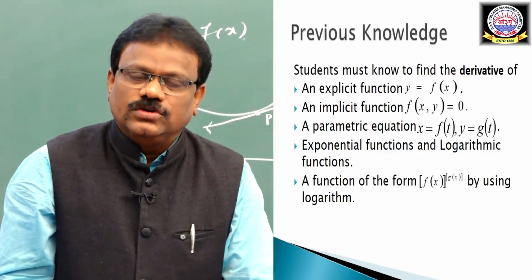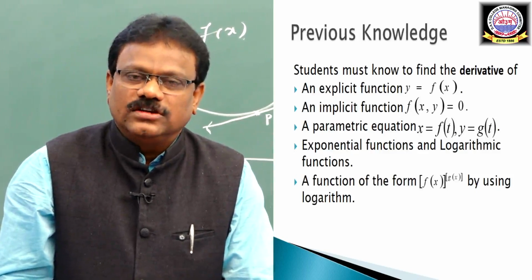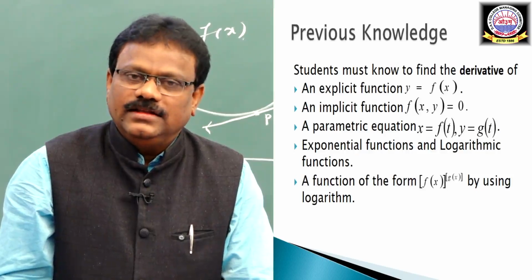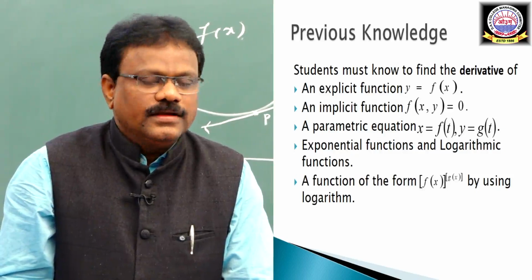Suppose x is equal to a function of t and y is equal to a function of t, then we find dx by dt and dy by dt, and then dy by dx, that is the slope of the tangent, is equal to dy by dt divided by dx by dt. That also you know.